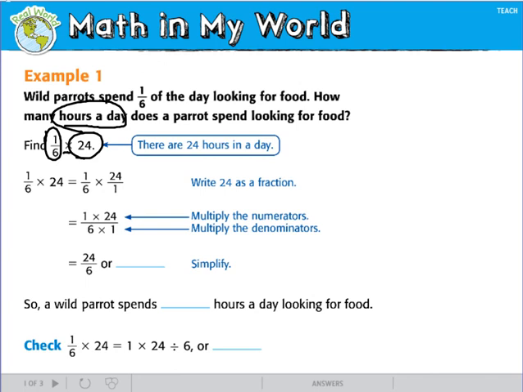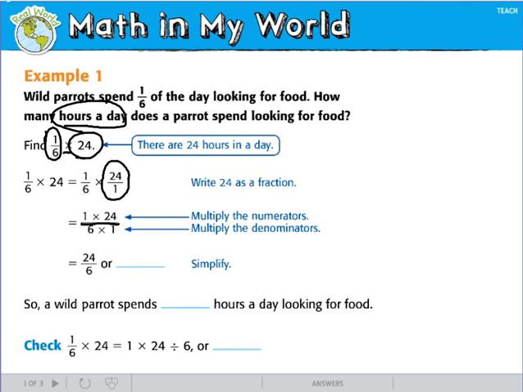In order to actually multiply this, we have to turn 24 into a fraction. Any whole number can be turned into a fraction by putting it over 1, because it's still itself. Once we do that, we're going to extend our fraction bar, and we're going to put both the top numbers together with a multiplication sign and both the bottom numbers together.